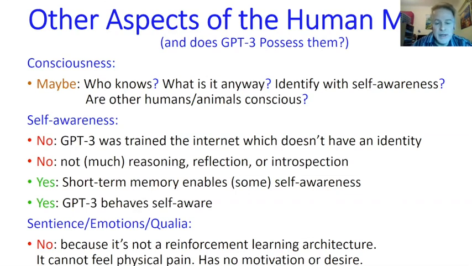With qualia, I would say no, because I strongly believe that you need some form of reinforcement learning architecture, some reward signals, the carrot and the stick, in order to feel pain. And this is missing in GPT-3. Okay, let me skip that.